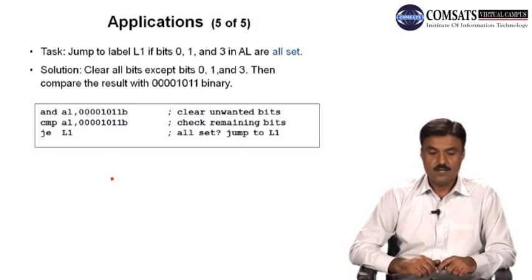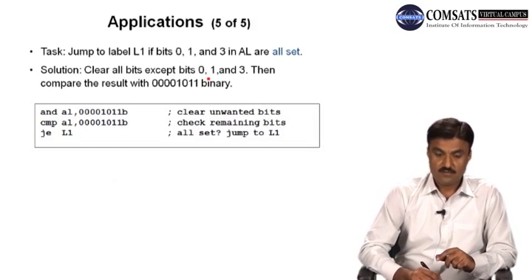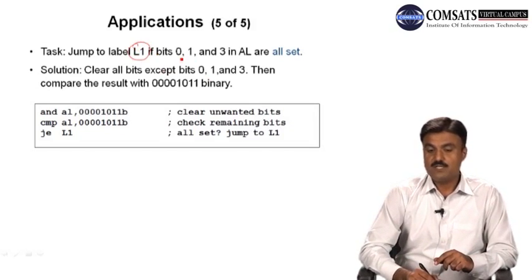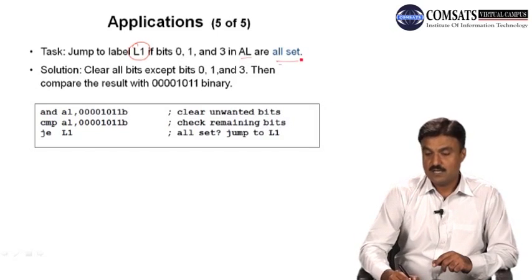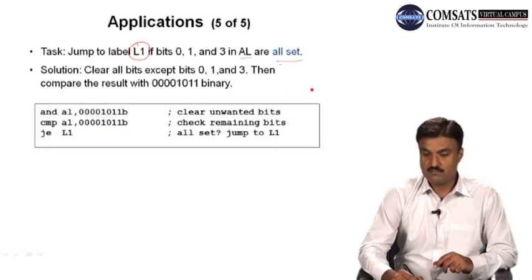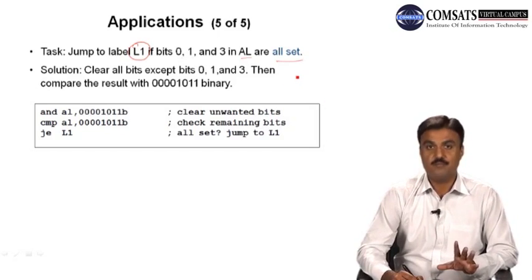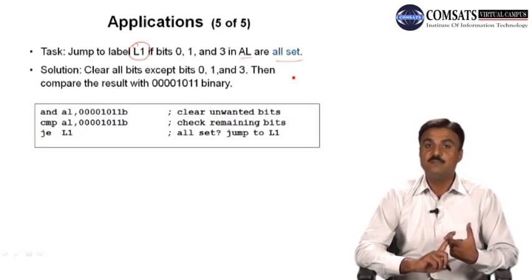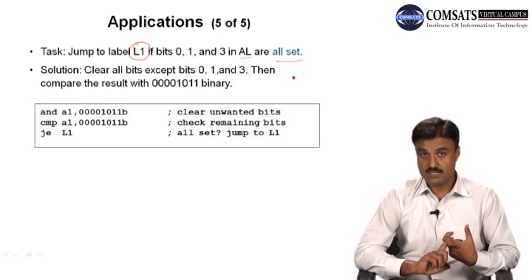This is the task. Jump to label L1 if bits 0, 1 and 3 in the AL register are set. So we have to test whatever their bit pattern is, we don't care, but we want to test whether these bits are set or reset.